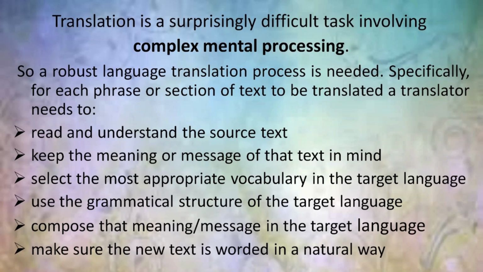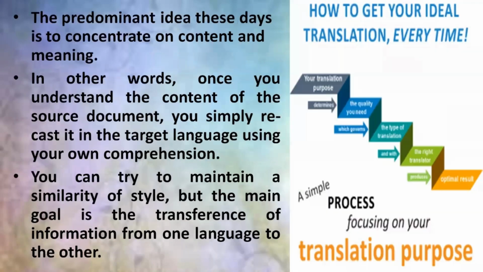He should then go on to select the most appropriate vocabulary in the target language. He should also use the grammatical structure of the target language. He should then go on to compose the meaning or the message in the target language. Lastly, he should make sure that the new text is worded in a natural way.